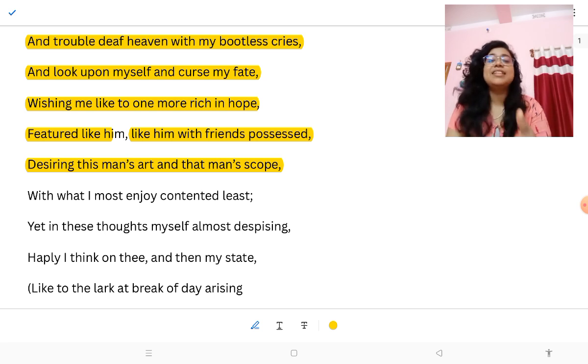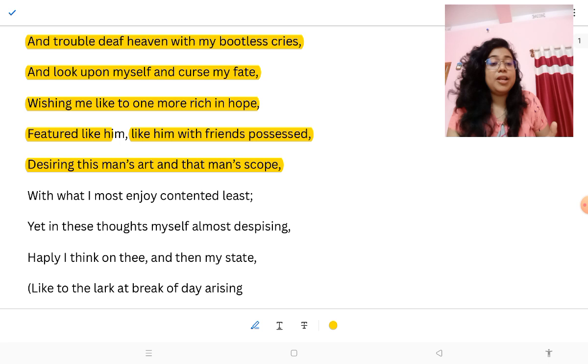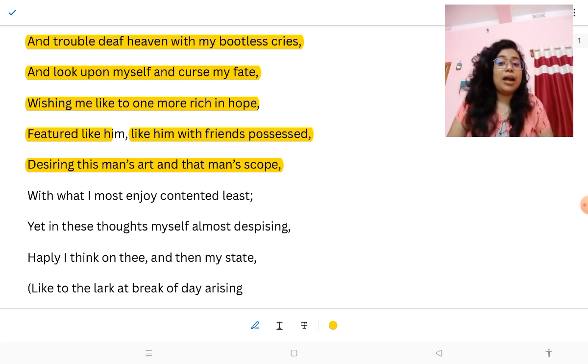And it is the irony for us, for the reader, right? Everybody knows Shakespeare, everybody knows what a great writer he is, and he said that he is jealous of others because they have more qualities, more ability to write, more ability in art than him. So this is an irony for the reader.